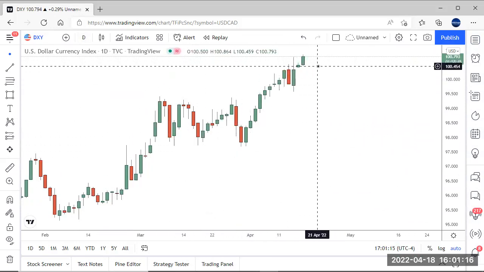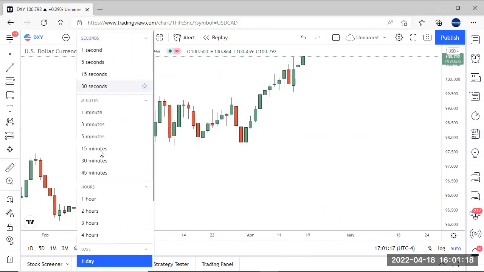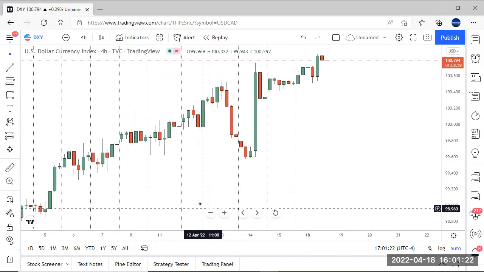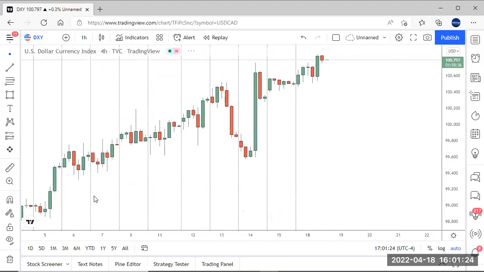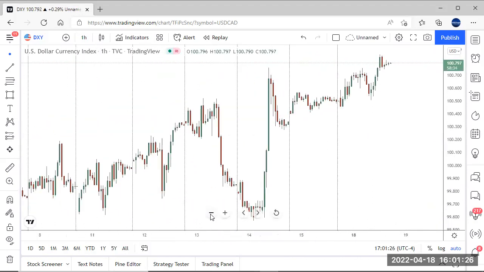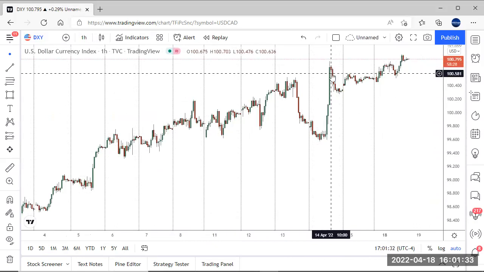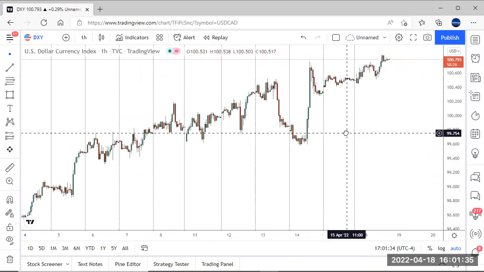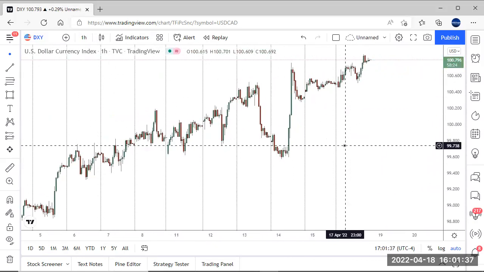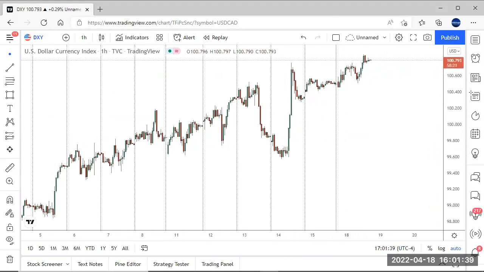It's been rallying like crazy lately, so we're not trying to call any tops on that. But let's look at April 14th. What happened that might have made CAD do that? So April 14th was actually right here. This giant bullish move on dollar was the catalyst for that USD Canadian dollar trade setup I just showed you on the daily chart.